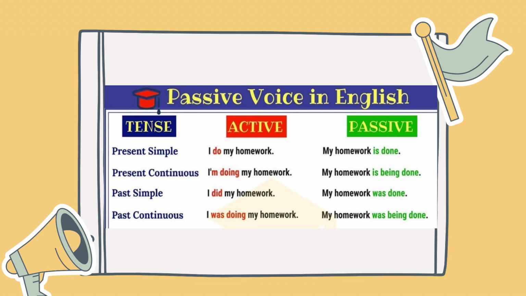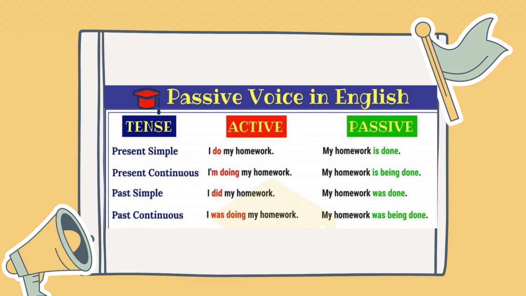When changed to passive voice, it becomes: my homework was done. And the last one is past continuous. For active voice: I was doing my homework. And changed to passive voice: my homework was being done.